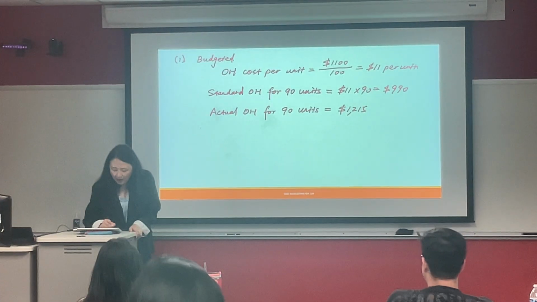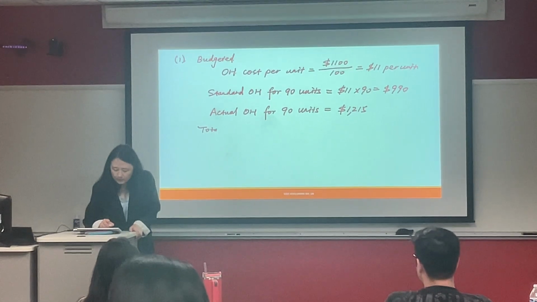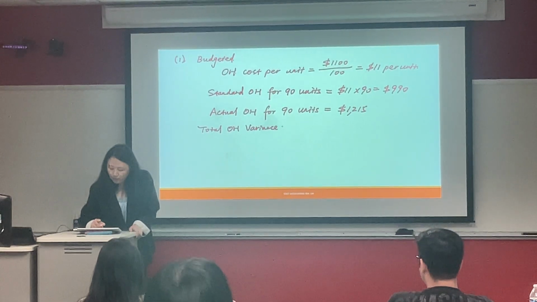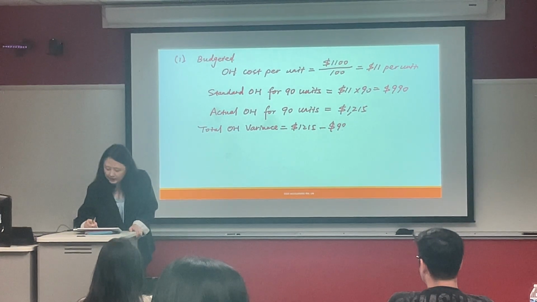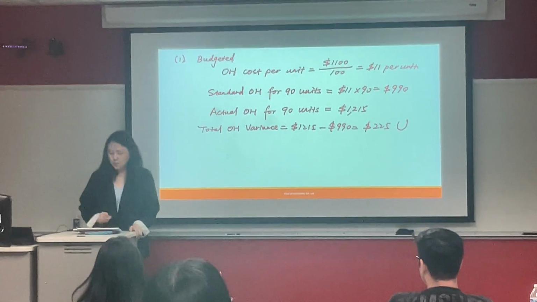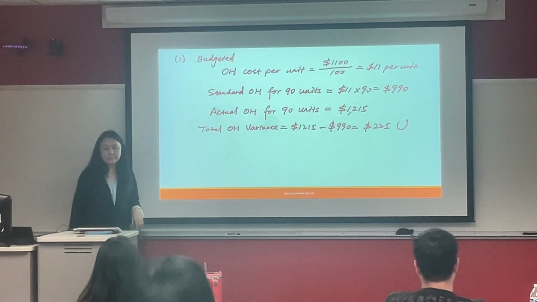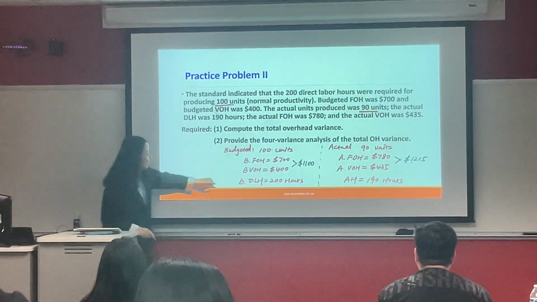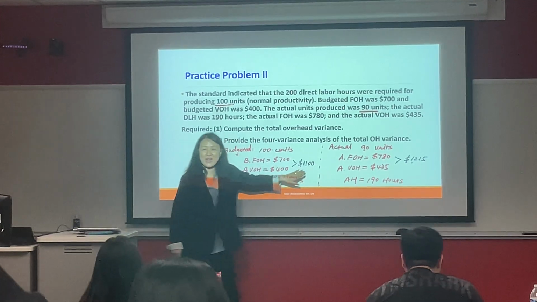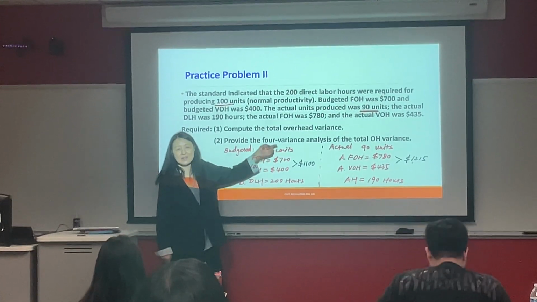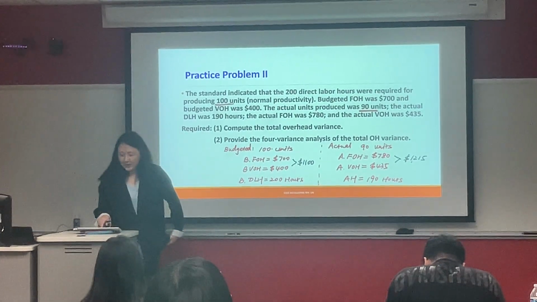And now you can get the total overhead variance, which will be 1215 minus 990. So that's 225 favorable. That's thing number one. You do not compare those two numbers directly because whatever you got is for different units, so make sure you understand that.